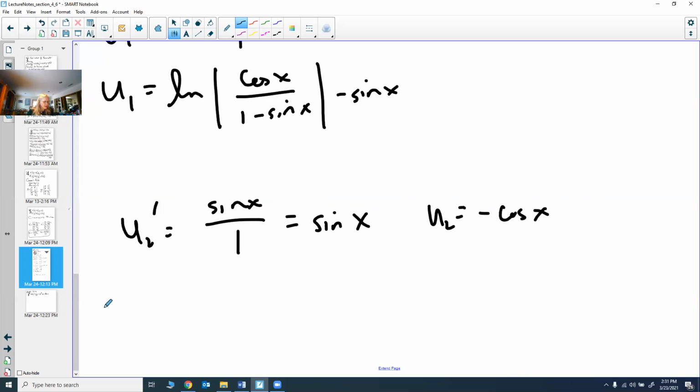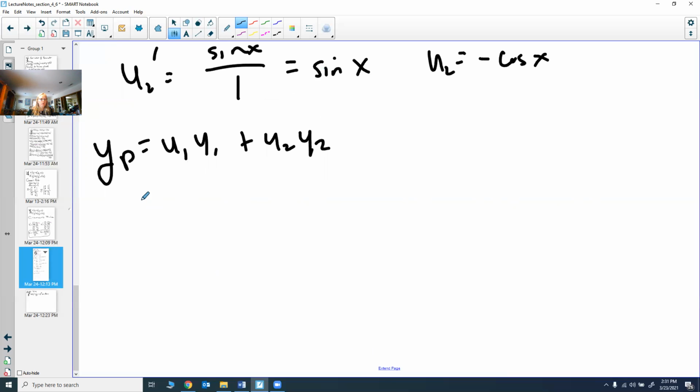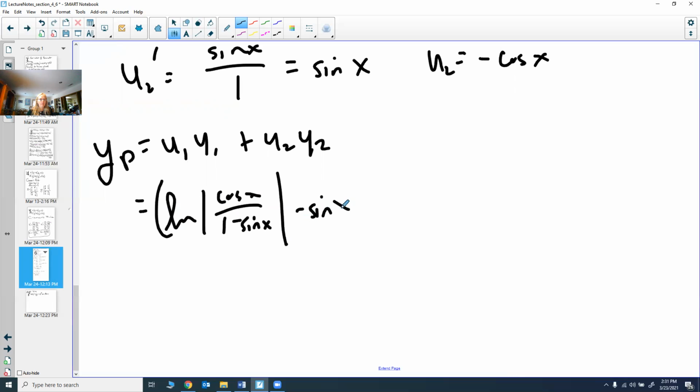So now we're ready to find out what our particular solution is. Our y particular is u1 times y1 plus u2 times y2. u1 we just found was that natural log of the cosine x over 1 minus sine x, minus sine x. y1 was cosine x. u2 we just found out was minus cosine x. y2 was sine x.